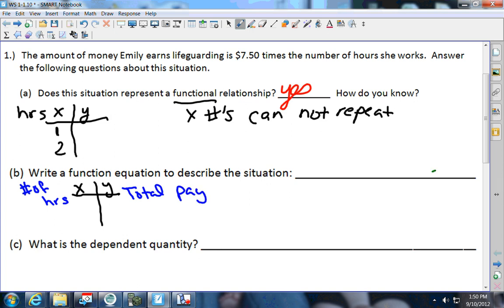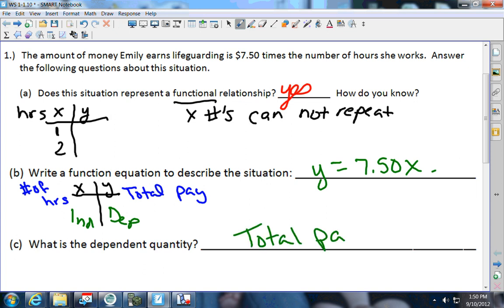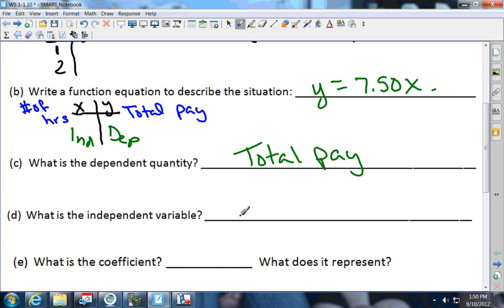So I'm going to have my total pay, y, equals 750 times x. X is the number of hours. The dependent quantity, remember that's the y over here, and the independent is the x. So my dependent is total pay, my independent is my number of hours.